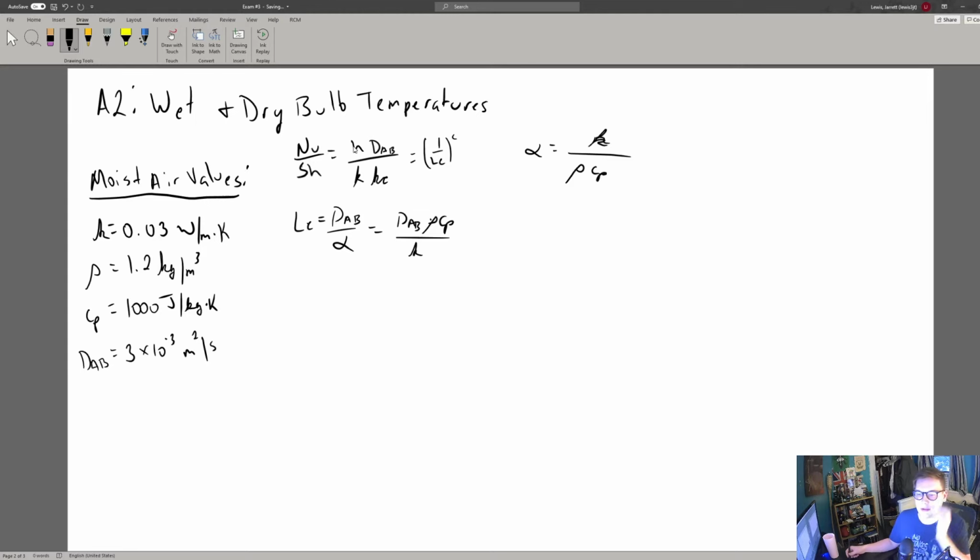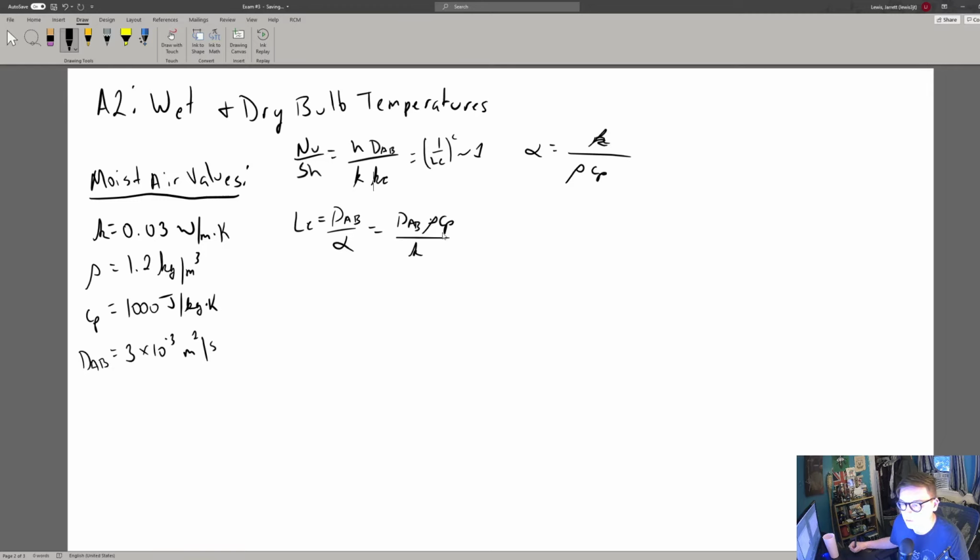All right, and so we're assuming that the Lewis number in this case would be very close to 1. So this whole thing would be approximately 1. So we can just isolate the two different sets of terms that we have.